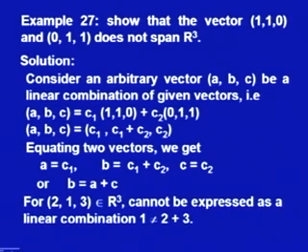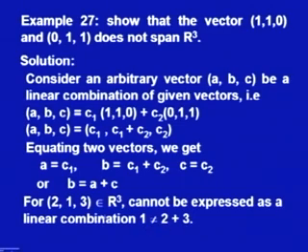Now, the vector (2,1,3) belonging to R3 cannot be expressed as a linear combination of these two vectors, because if it has to be represented as this combination, then it must satisfy this constraint. But if you substitute the value of b as 1, a as 2 and c as 3, one can notice that 1 is not equal to 2 plus 3.